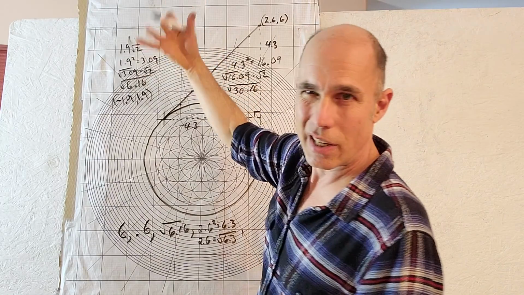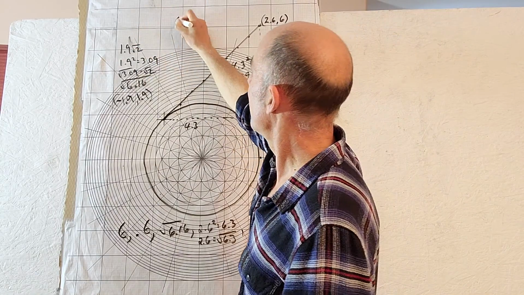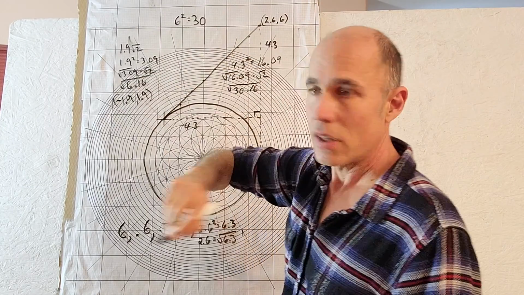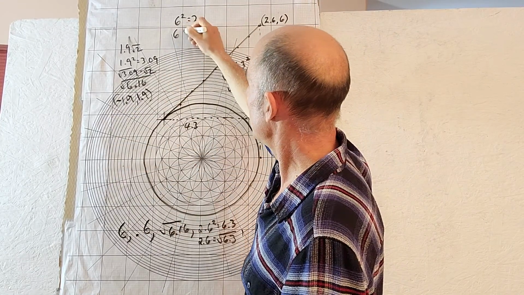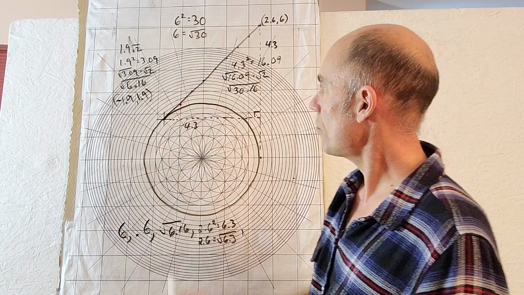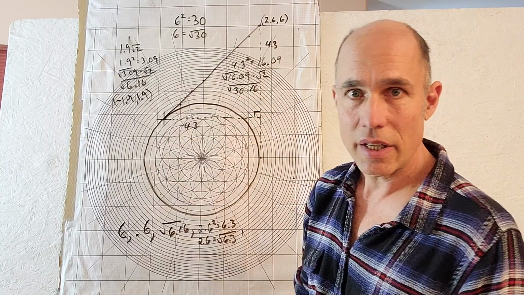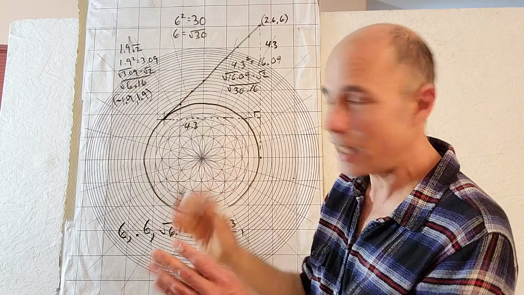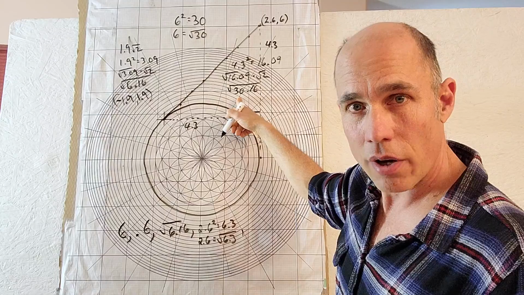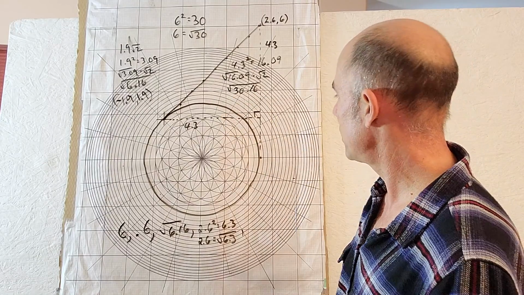So we kind of know in base 12 that 6 squared equals 30. So therefore 6 equals the square root of 30. So the length of that line, if it was exactly 6, would be the square root of 30. But we see it's actually a little bit longer, the square root of 30.16.